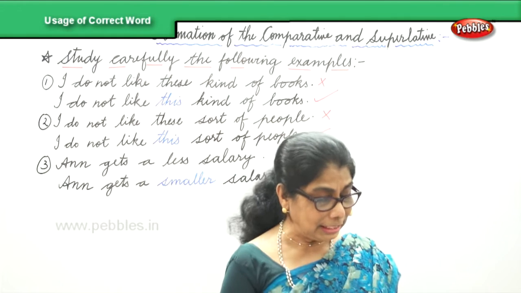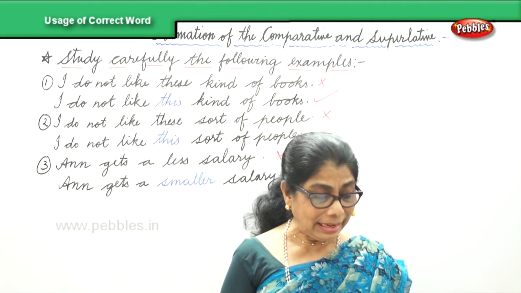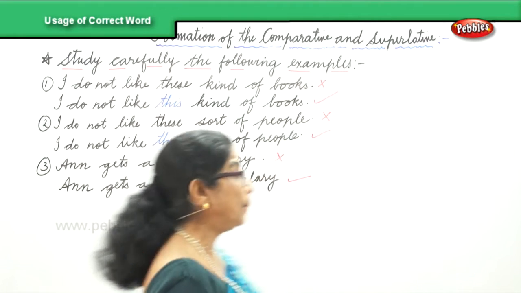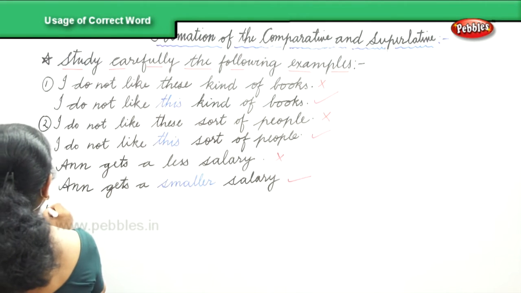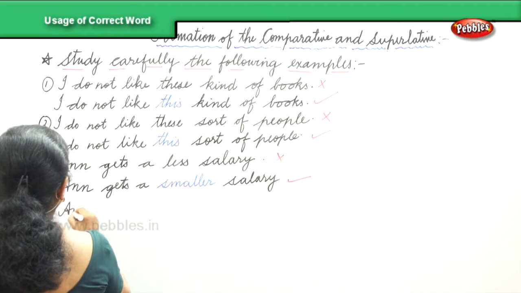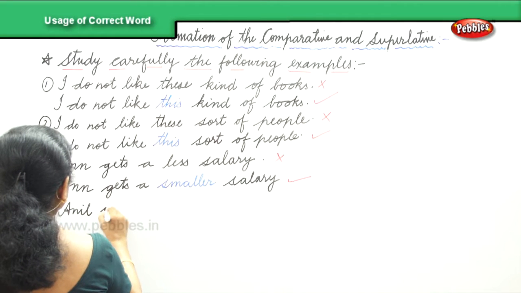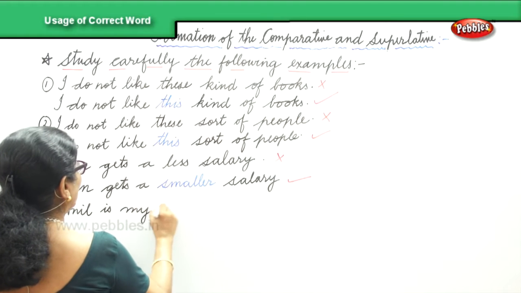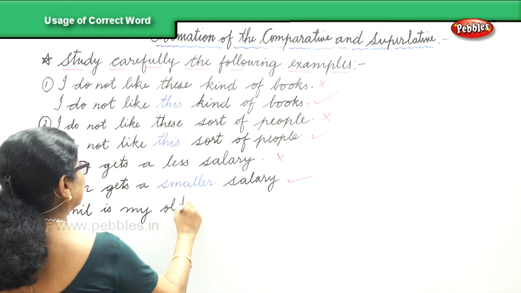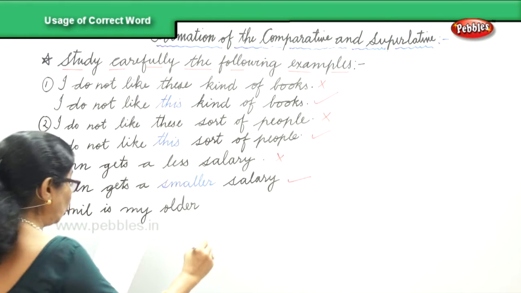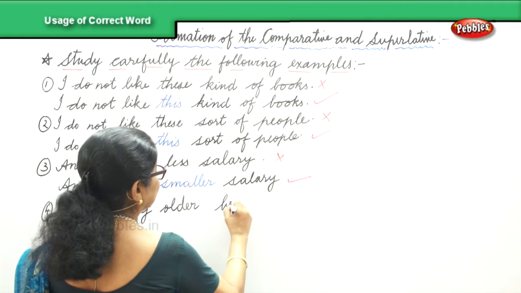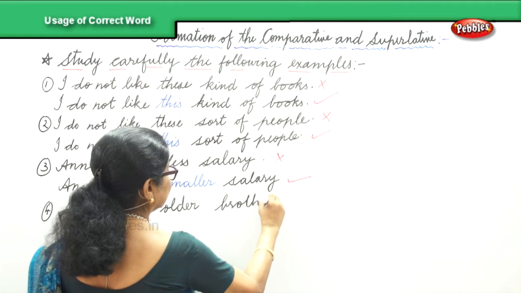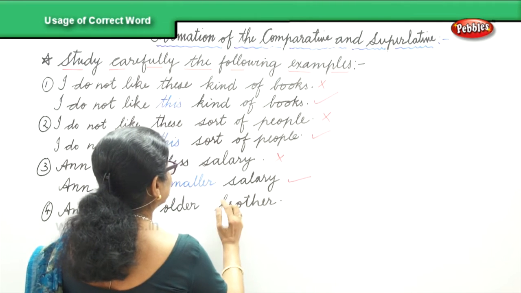Okay, another sentence for you. The fourth sentence I have here is, Anil is my older brother. That's the sentence given to you.